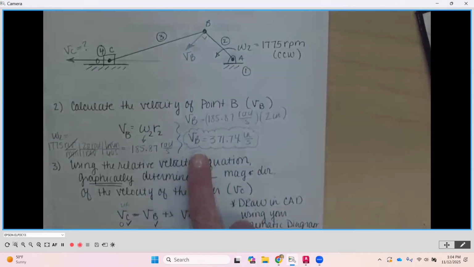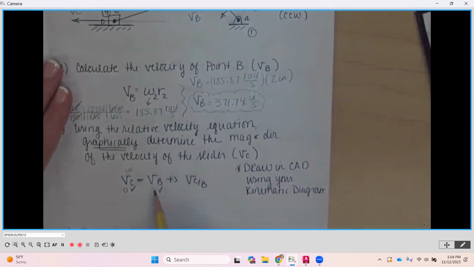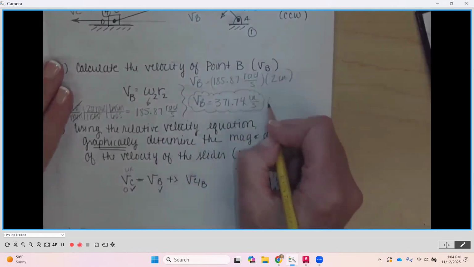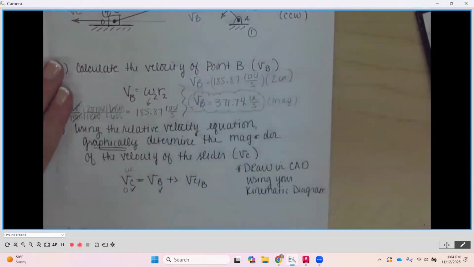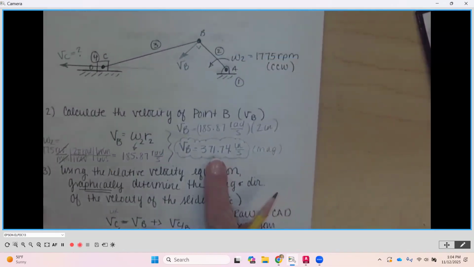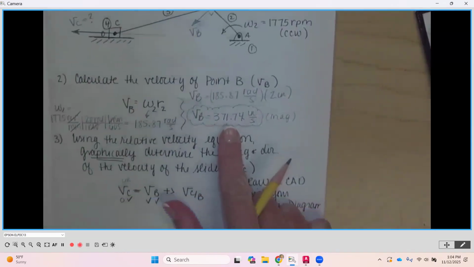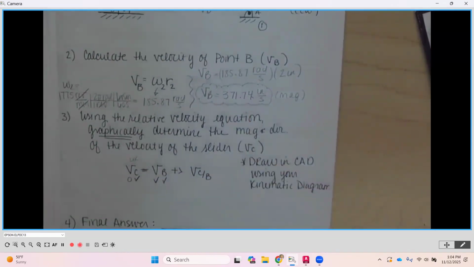And it is 2 inches away from that center of rotation, so we can calculate its magnitude. So that means when we go down here, this is, if you would, the magnitude of the velocity of B. So we can say we have B fully defined. We know both its magnitude and we know its direction, right? We do.